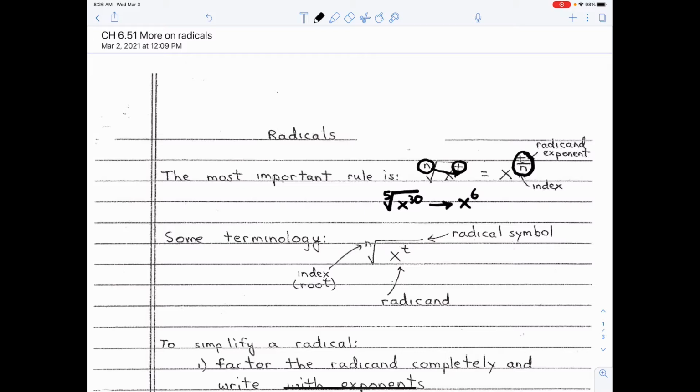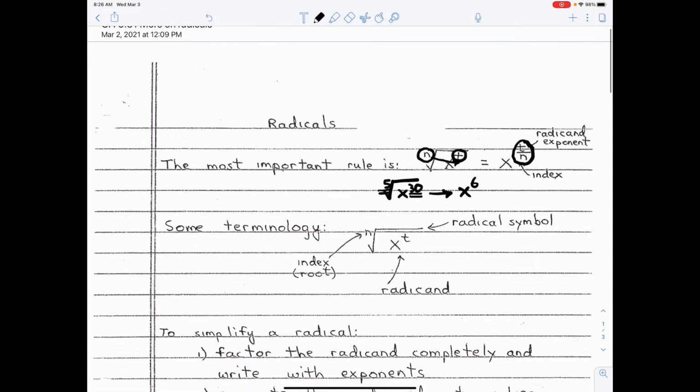Why is that? Because 30 divided by 5 is 6. So we take the radicand exponent and divide it by the index. So 30 divided by 5 is 6. That's the basic idea.